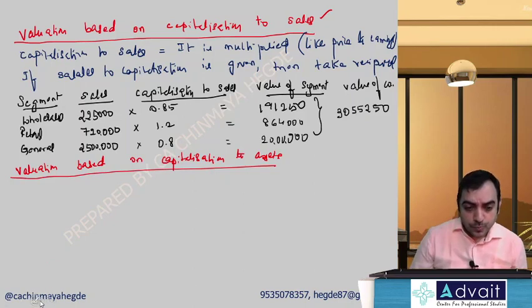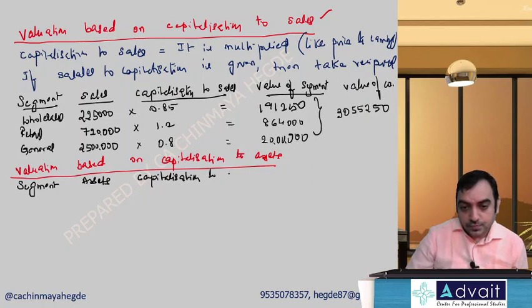Same approach we do, in the sense we will write segment. We don't write sales, we write the assets, then capitalization to assets. Then the value of segment.